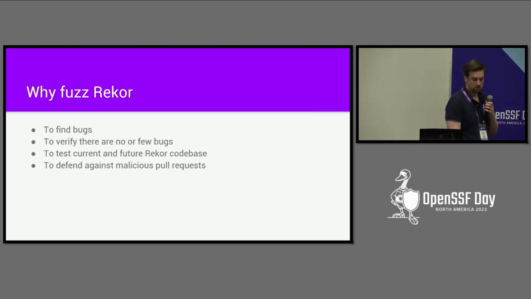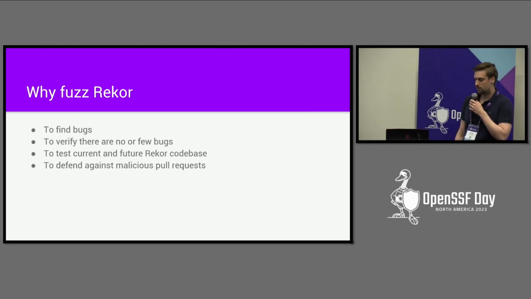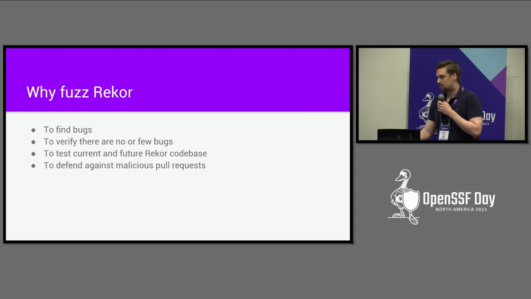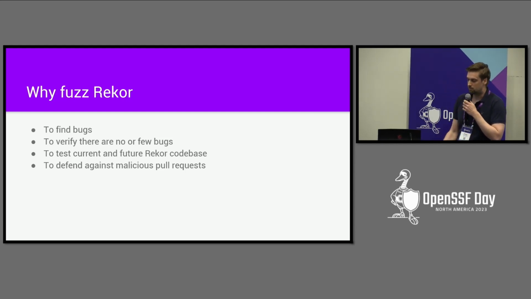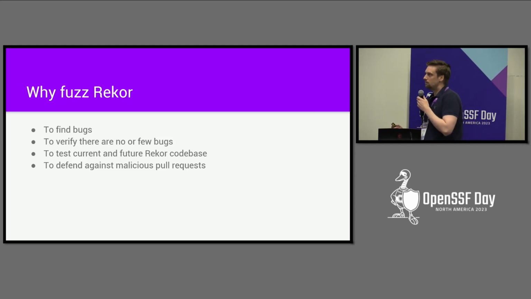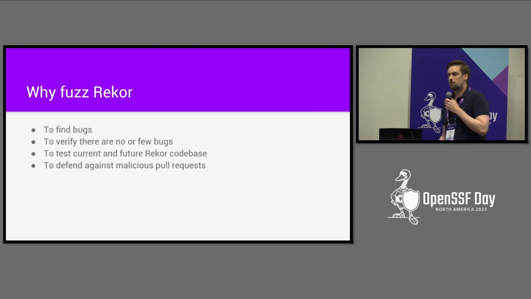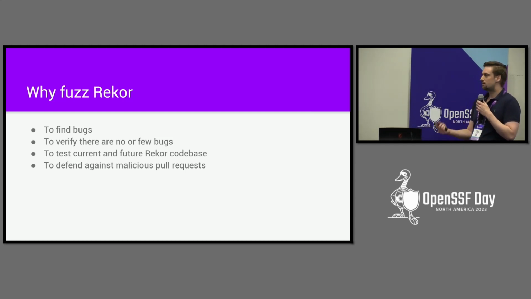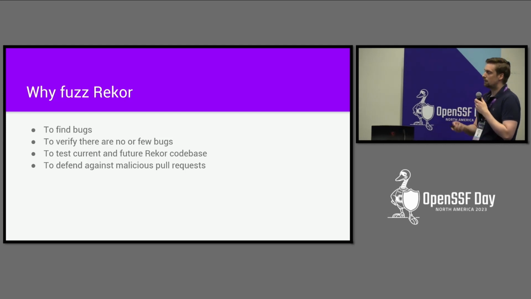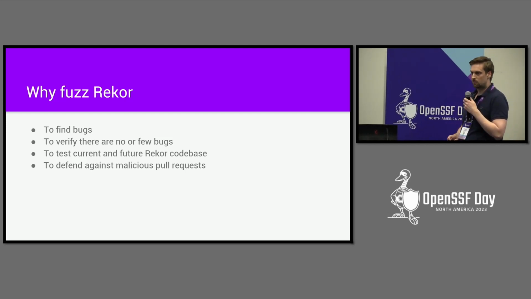At the same time, we also want to defend against malicious pull requests. We can do this in the CI by catching malicious code changes early, and we can set up the fuzzers to run continuously so that the code base gets tested every day via a project called OSS Fuzz, which I will get into a bit later.